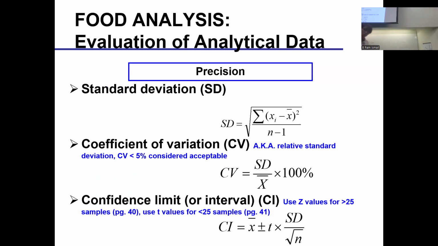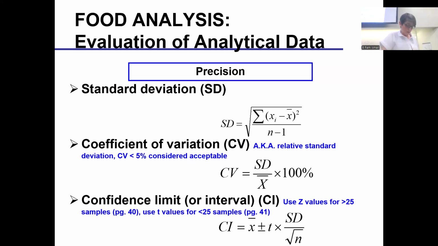If you've heard of that term, standard error is your standard deviation divided by the square root of n. If you have fewer than 25 replications, you need a t value. If you have more than 25 replications, you need a z value.